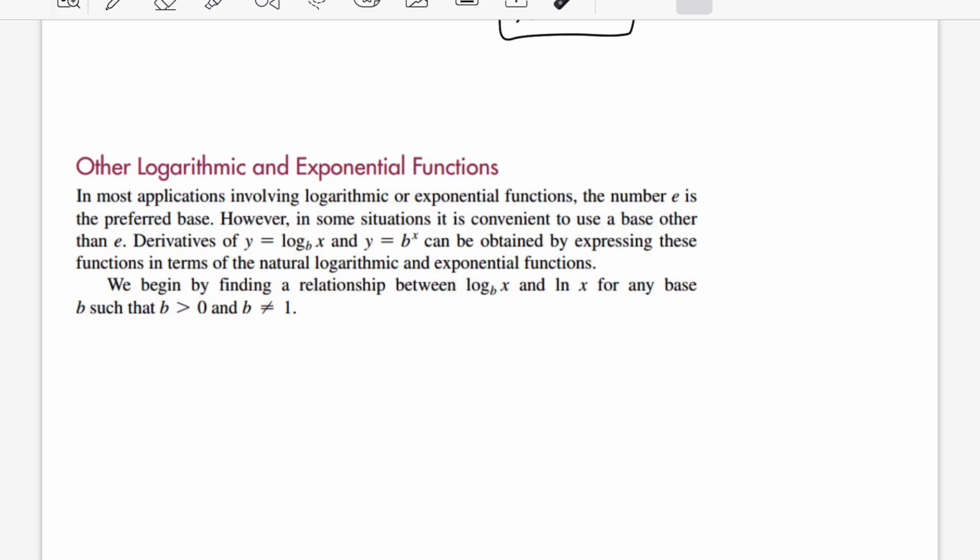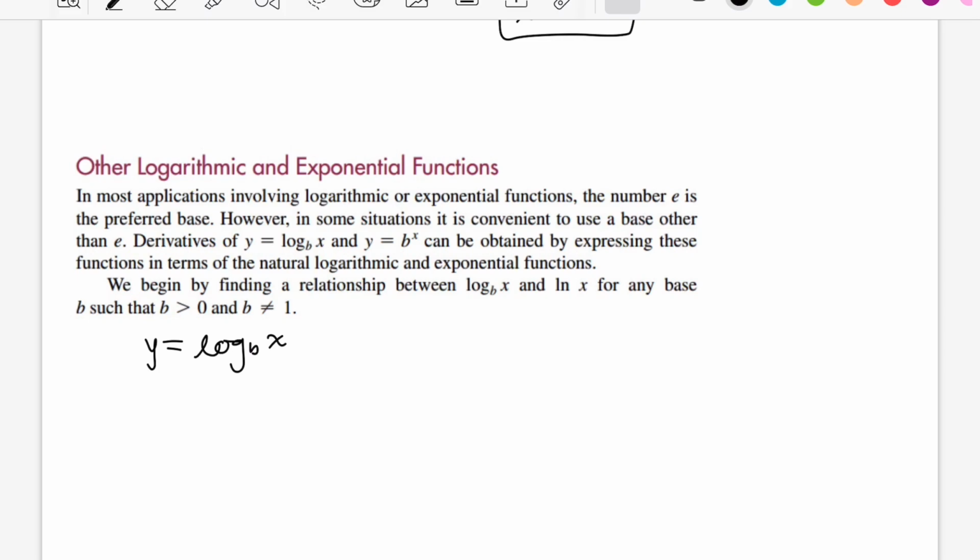So the first thing we want to do is find this derivative. We're going to try to find a relationship between log base b of x and ln x for any base b such that b is greater than 0 and b is not equal to 1. We'll start with y equals log base b of x.